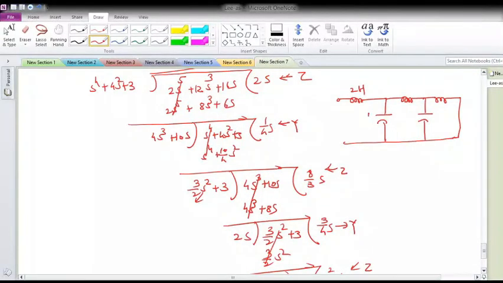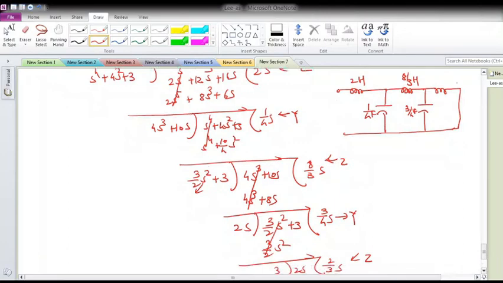So this is 2, this is 1 by 4 farad, this is 8 by 3 Henry, this is 3 by 4 farad, and this is 2 by 3 Henry. Okay, so this kind of form is called Cauer 1 form. Okay, so this way you can realize the function that was given to us.